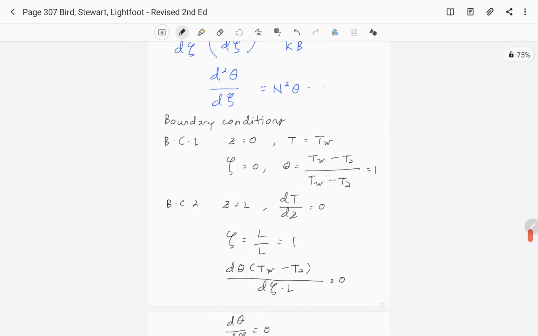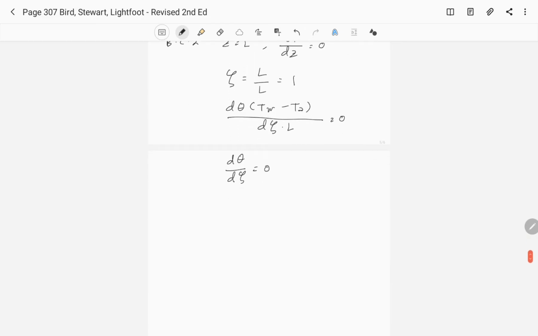Now we go back again into this particular ODE. We can express this in terms of this.